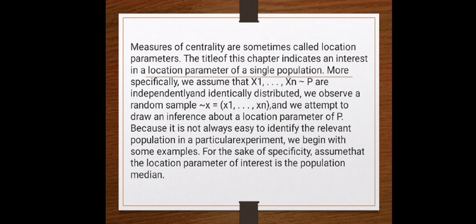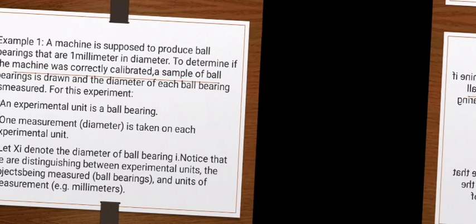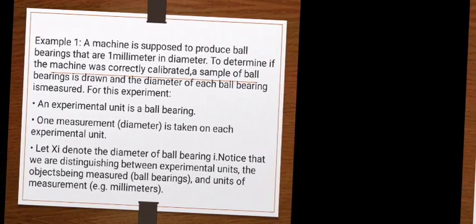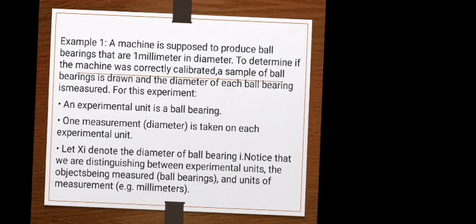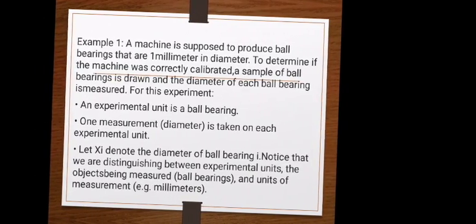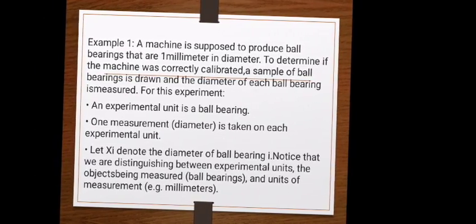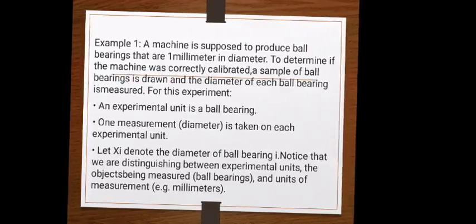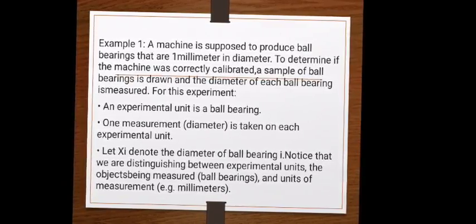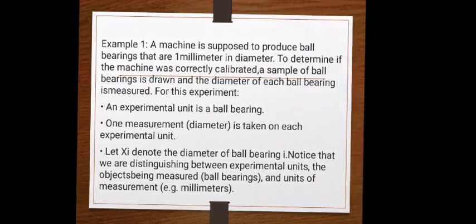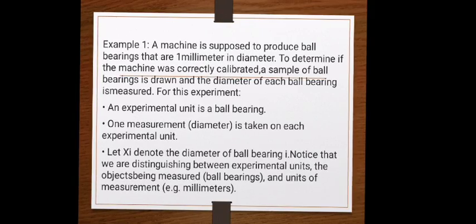For the sake of specificity, assume that the location parameter of interest is the population median. Example: a machine is supposed to produce ball bearings that are 1 mm in diameter. To determine if the machine was correctly calibrated, a sample of ball bearings is drawn and the diameter of each ball bearing is measured.